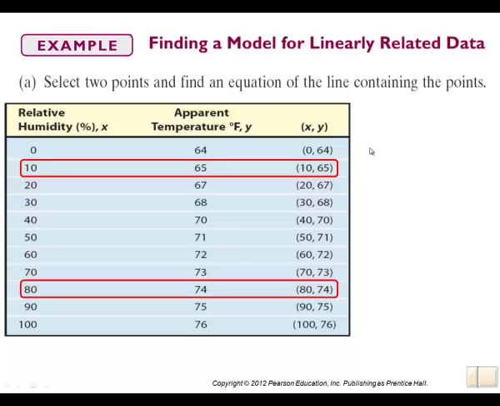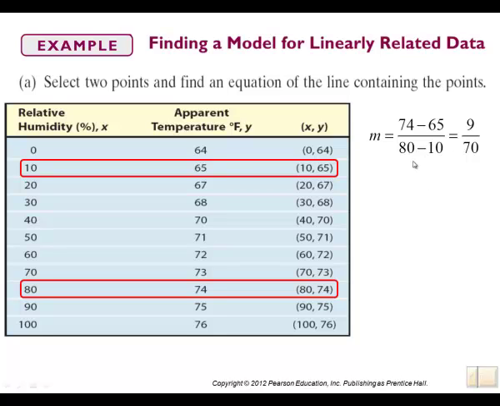And what we do here is use the slope of 2 points equation. The (10, 65), that's furthest to the left, is our x1, y1. (80, 74) is our x2, y2. So y2 is 74 minus y1 is 65, over x2 is 80 minus x1 is 10. And we get 9 over 70.